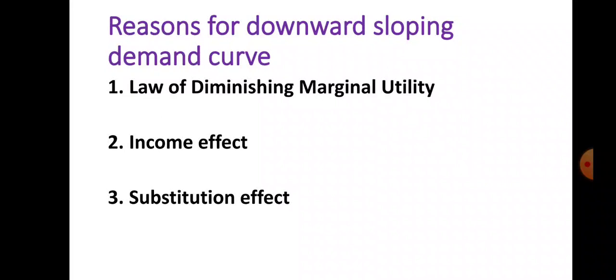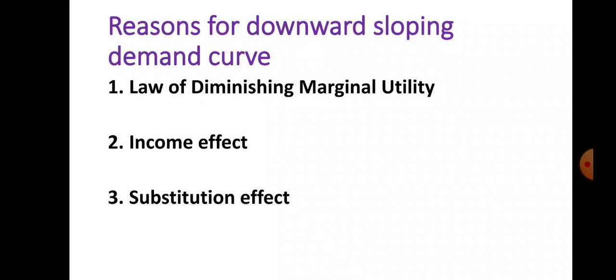Okay, let us see the next reason for downward sloping demand curve, that is the substitution effect. Okay, let us see what is substitution effect. In case of substitute goods, when price of commodity rises, consumer prefer to buy more of its substitute good and less of that commodity whose price is more. Okay, so this is known as a substitution effect.